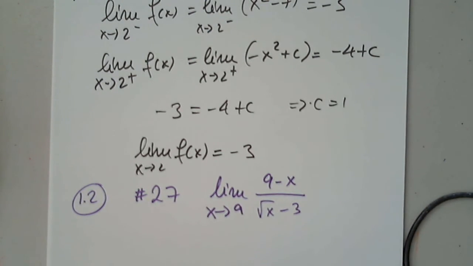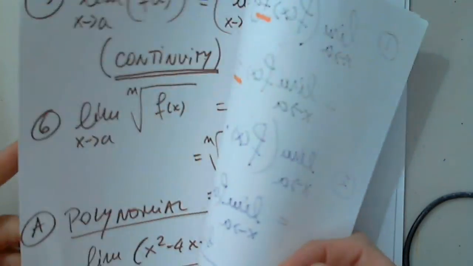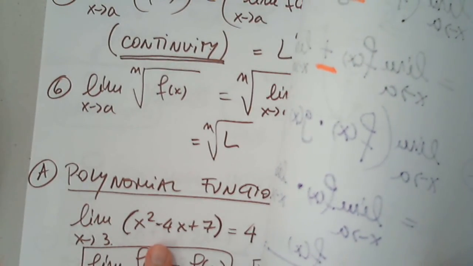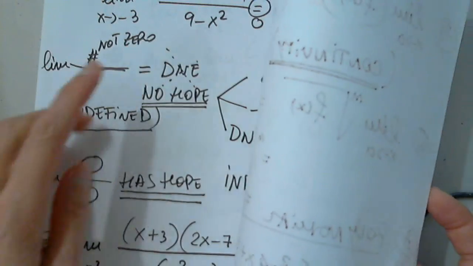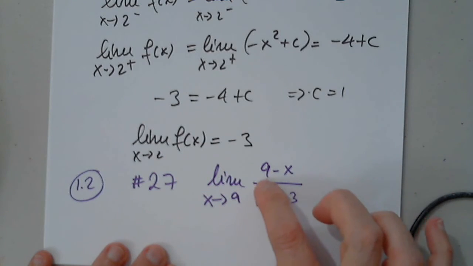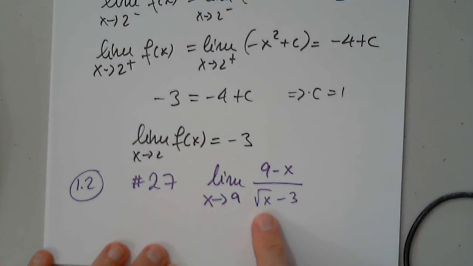The first limit was the limit of a polynomial. The second limit was the limit of a rational function. Now this is a limit of a totally different function. It's a function that is a combination of a rational function with a radical.